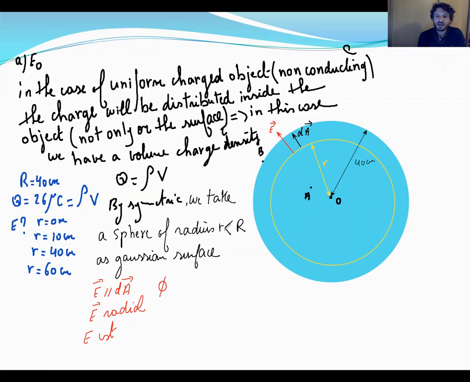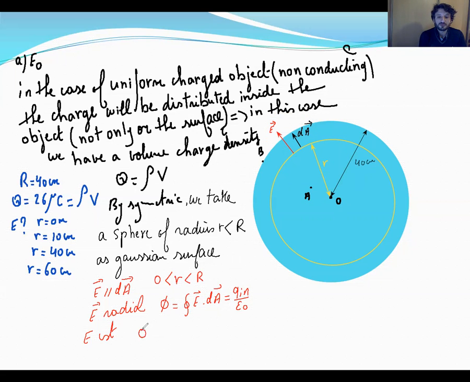We can write the flux at the position I take here, r less than capital R and greater than 0, at any point inside. We can say the flux equals the integral of E dA equals Qn divided by epsilon 0. Here the angle between E and dA equals 0.